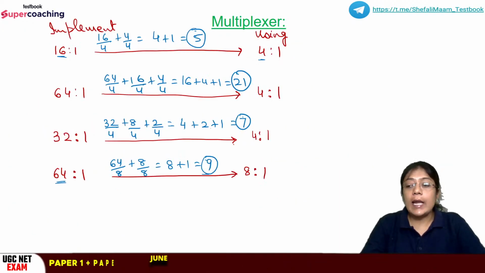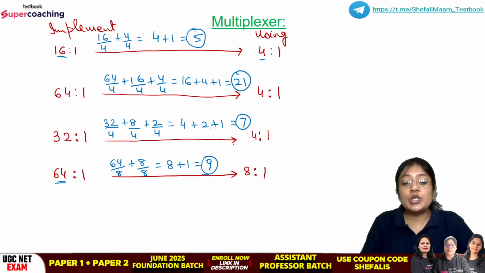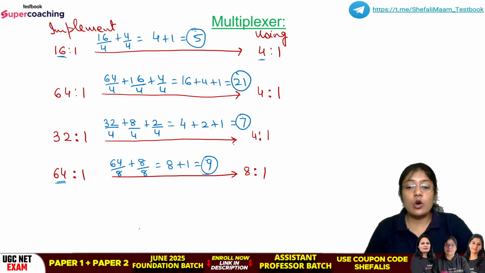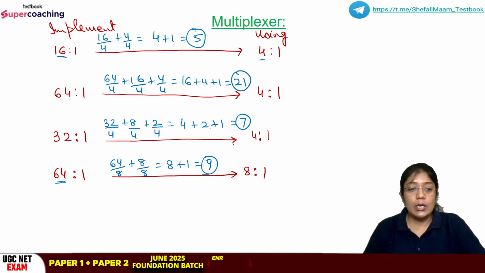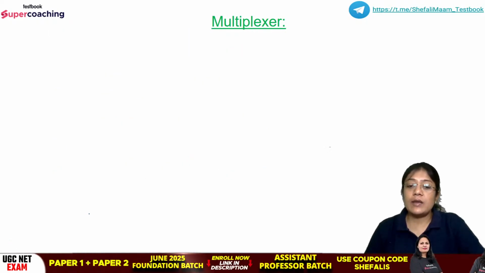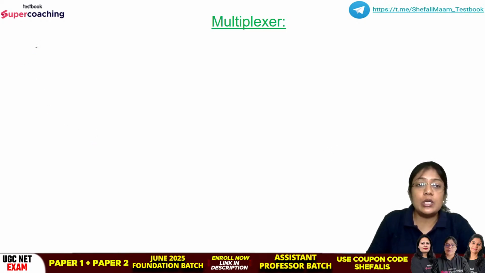So the third type of question can be asked on the basis of the implementation of higher order multiplexer using lower order multiplexer. Fourth type of question, आपको कुछ multiplexer given होगा and you are supposed to return the minimized expression.